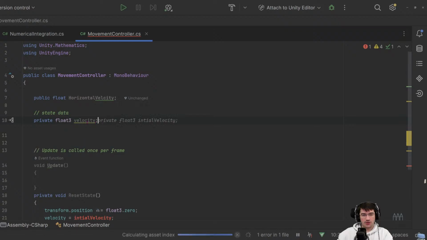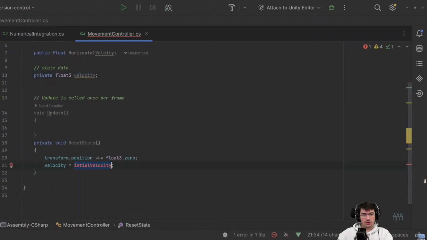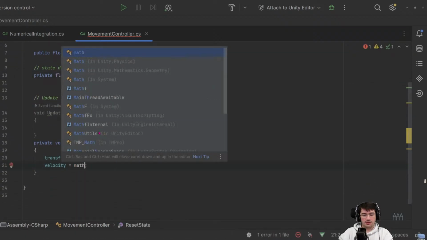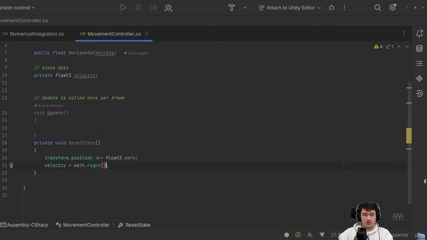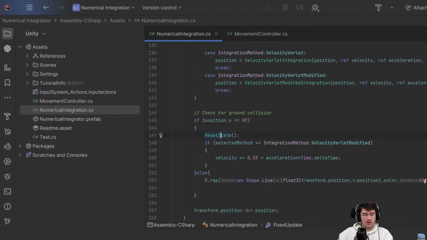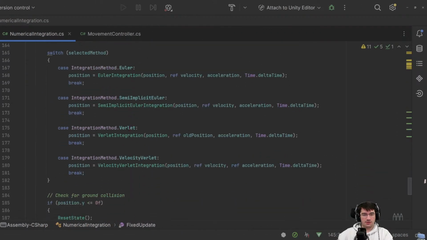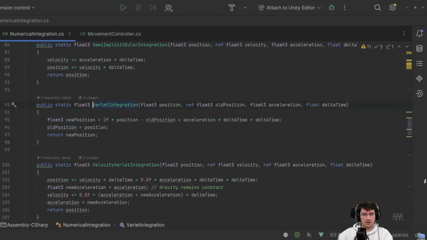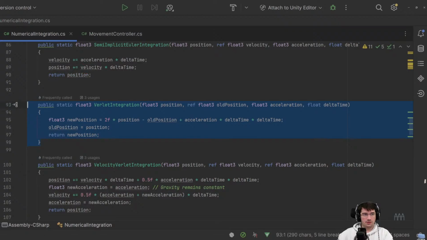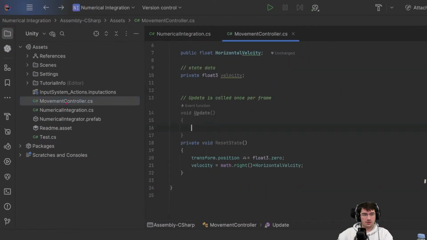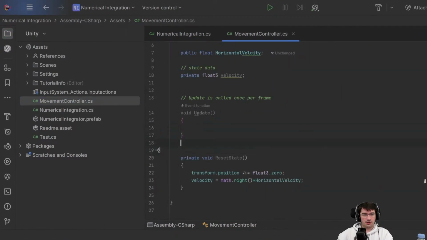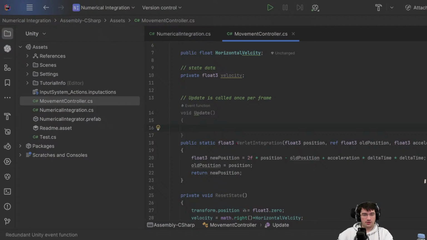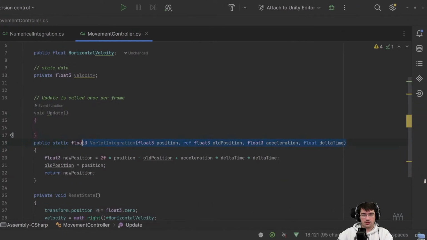Velocity, and that velocity will be Vector3.right times horizontal velocity. Okay, and let's pick back the Verlet integration method here. Put it there and simply call it.